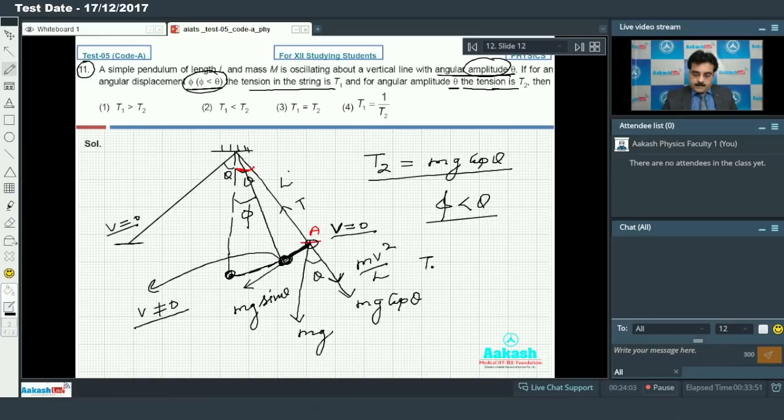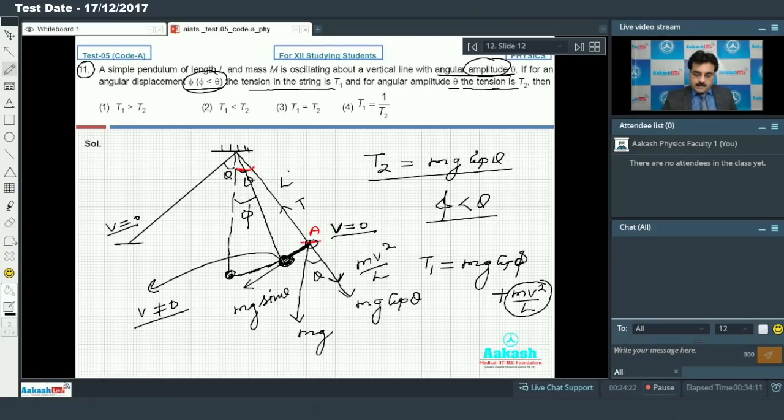So in this case you will write the tension T1, and T1 is mg cos phi plus mv square by L, because in this situation speed is not equal to 0.